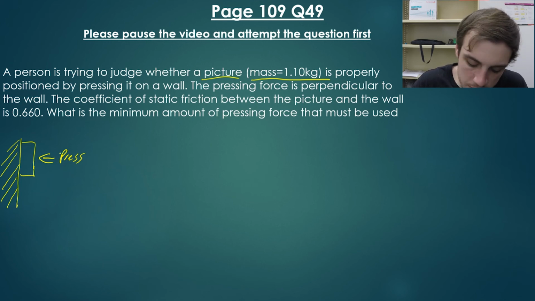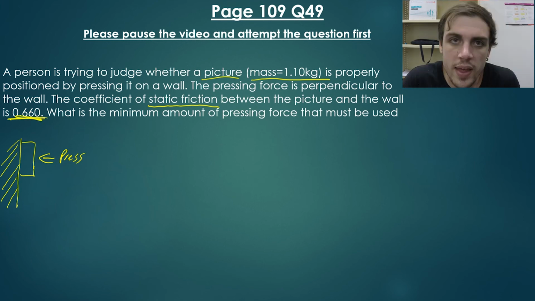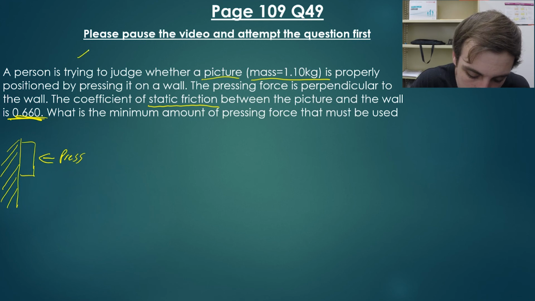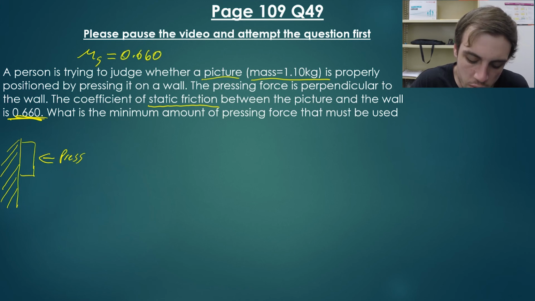That's the pressing force. Now the coefficient of static friction between the picture and the wall is 0.66. Now that is a massive hint if I've ever seen one. So we know that the coefficient for static friction is going to equal 0.660.